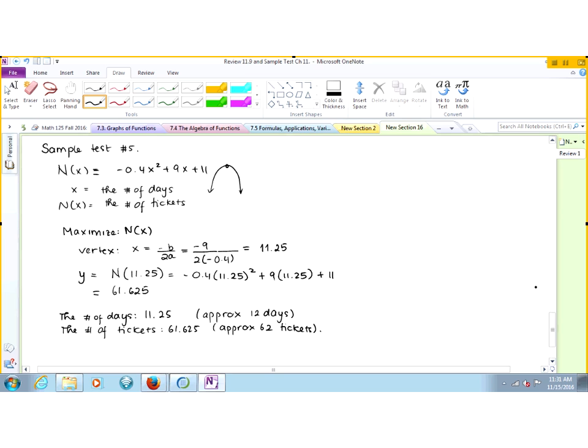No, I squared 11.25 and then I multiplied it by negative 0.4. So when I square 11.25, we don't do any rounding. So it is 126.5625, and then you multiply by negative 0.4, right?